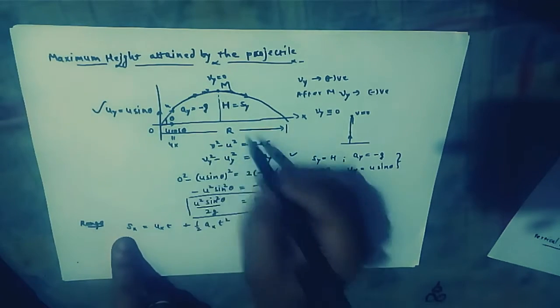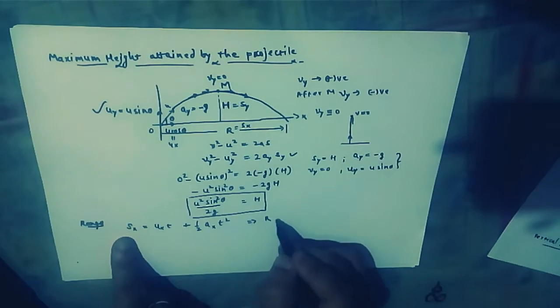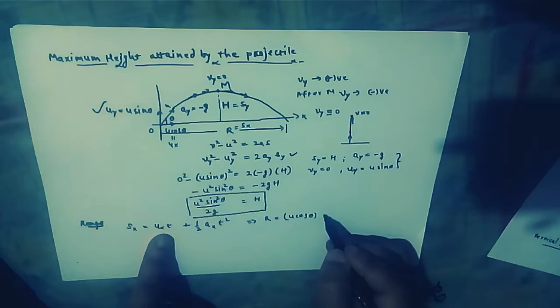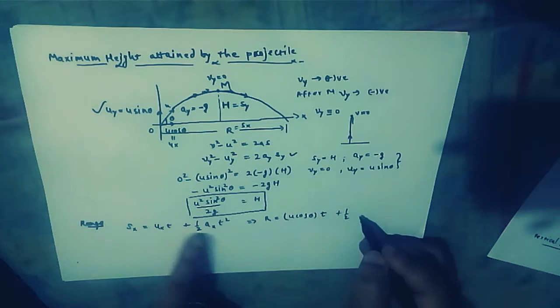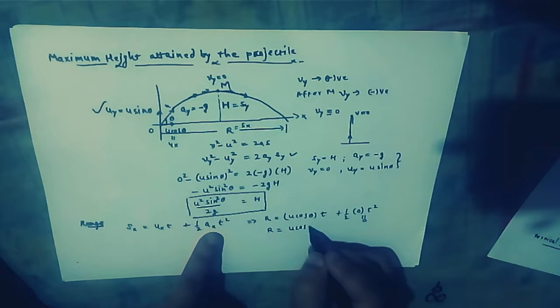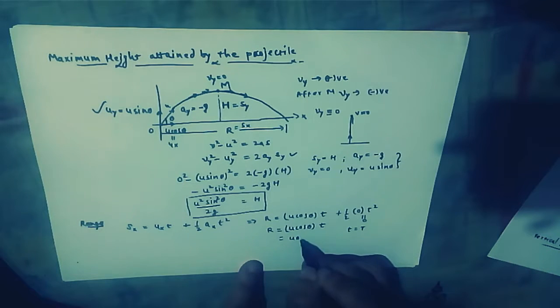Sx is the total distance along x-axis, which is R. Ux is u cos theta. t is the total time. Plus half ax t square, we already have said ax is 0, so that would be 0. So your range would be u cos theta into t. Here this t is capital T, suppose capital T is the total time taken.